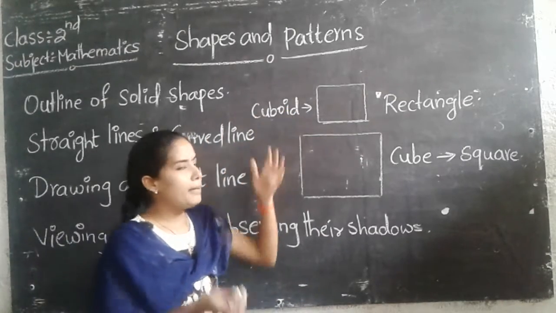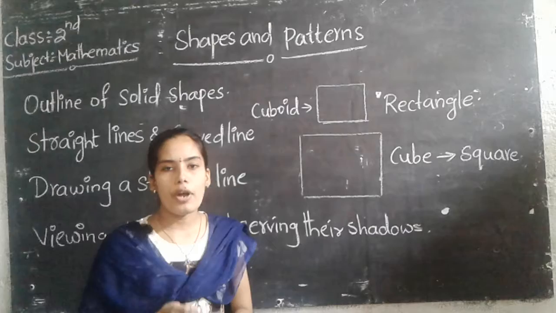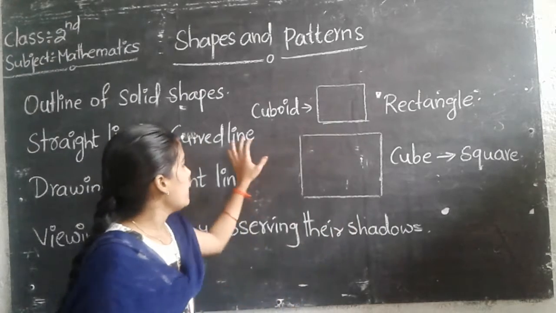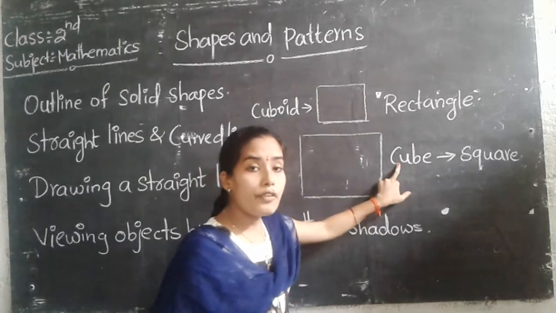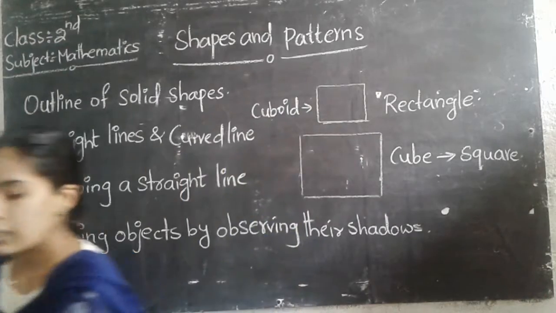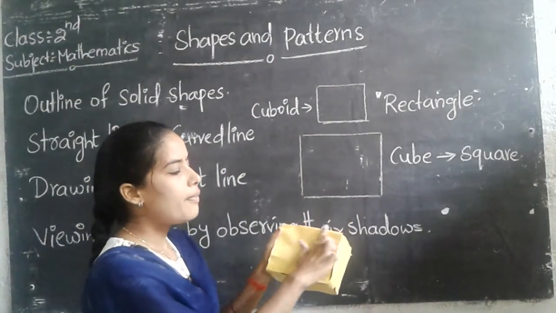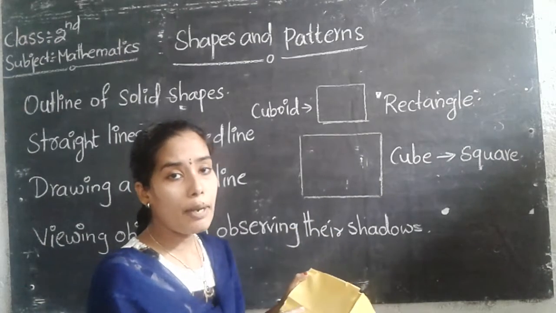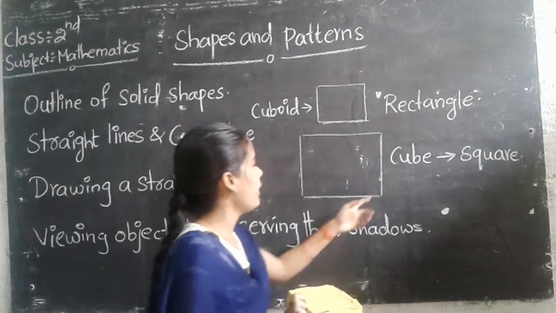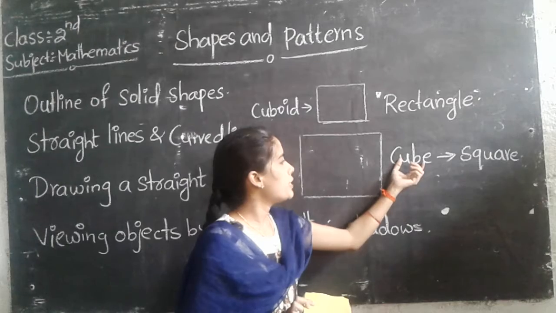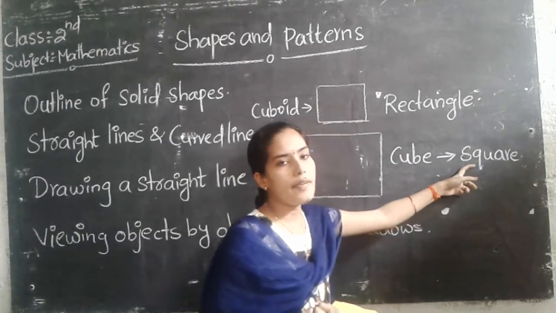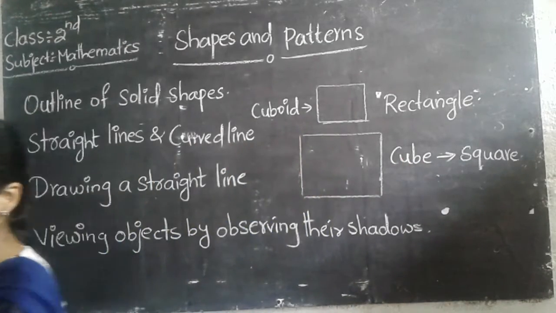The flat surface of a cuboid is a rectangle. In the same way, the flat surface of a cube is a square. Children, flat surface means this one. This flat surface is in the shape of a rectangle. In the same way, the cube also has a flat surface, that is a square.